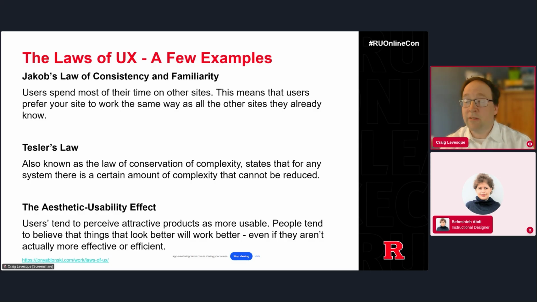Tesla's law states that we have to manage complexity. If we try to eliminate complexity completely, we will, of course, fail. So our designs have to look at those things that are most complex and figure out how to manage them with the understanding that we cannot eliminate it entirely. So Canvas does a pretty good job of this already. If you've been teaching for a long time, you'll know that the Canvas student gradebook has been a problem for years.